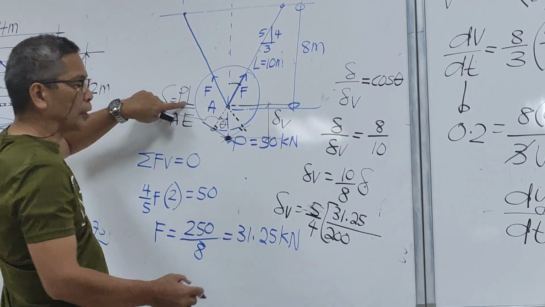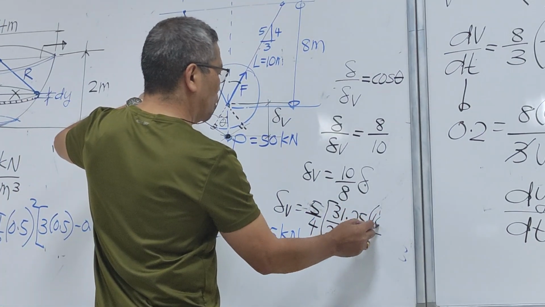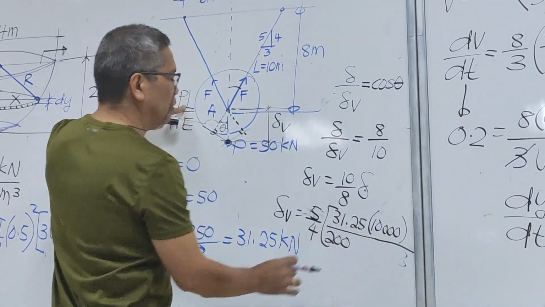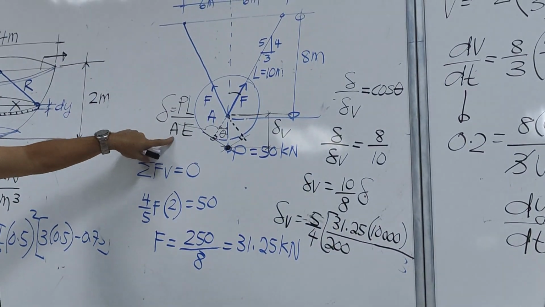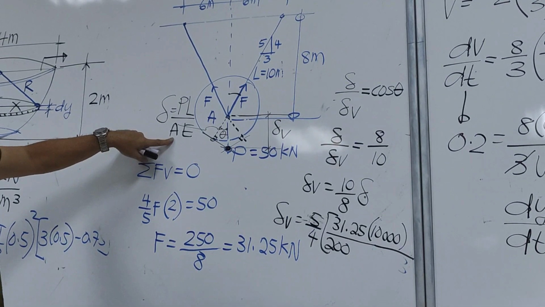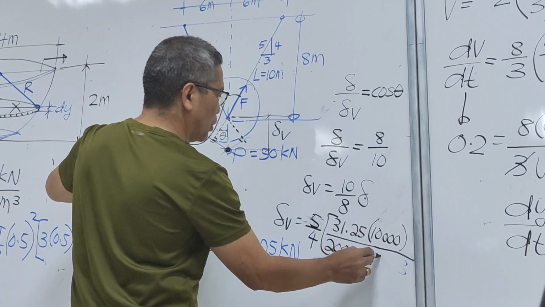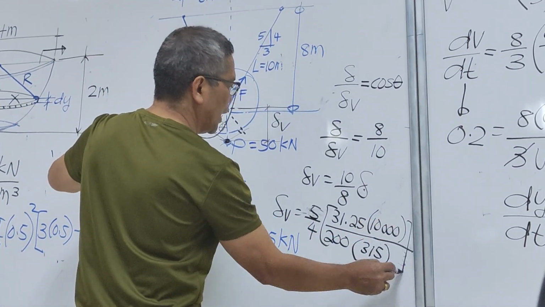Multiply it by the length. The length should be converted to millimeters, that's the length of the rod, because this is square millimeters and this is kilonewton per square millimeter. And this is now 315, that's the area of the rod.